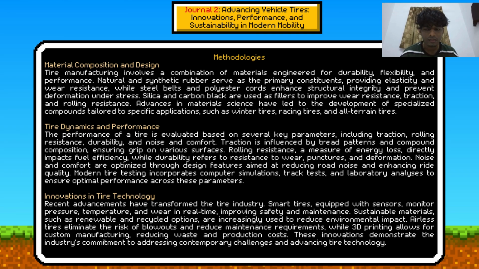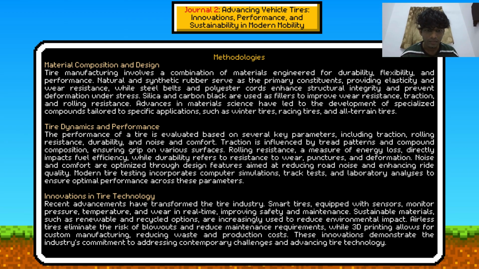The second methodology is tire dynamics and performance. The performance of a tire is evaluated based on several key parameters, including traction, rolling resistance, durability, and noise and comfort. Traction is influenced by tread patterns and compound composition, ensuring grip on various surfaces.